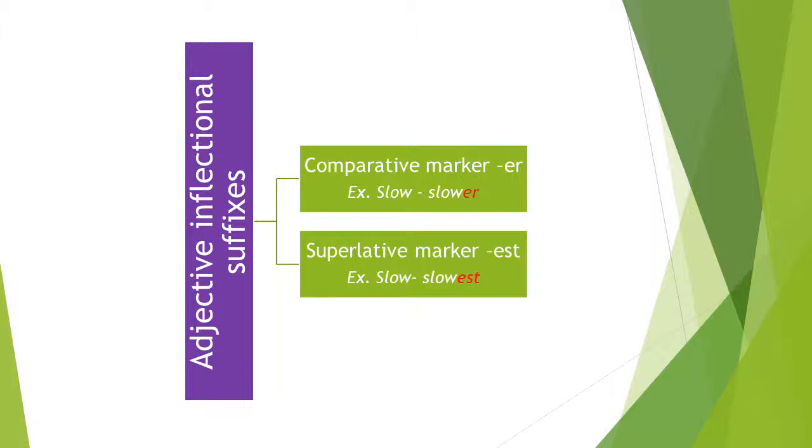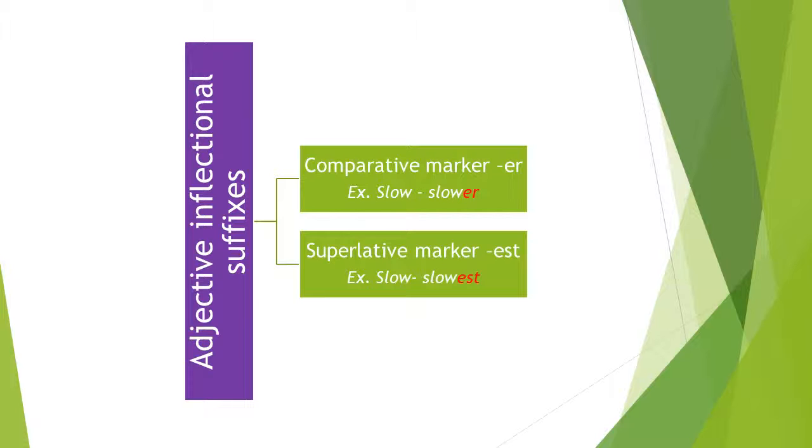And these are the adjective inflectional suffixes. There are two types. The comparative marker, where you add an er at the end of the adjective. In this case, as you see in the example, is slow. You add the er at the end and it becomes slower.